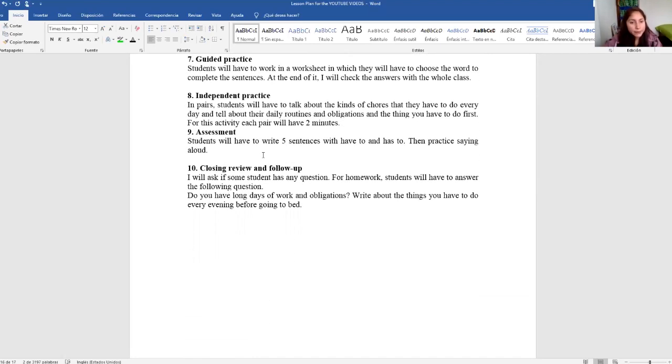Independent practice. In pairs, students will have to talk about the kinds of chores that they have to do every day and tell me about their daily routines and obligations and the thing you have to do first. For this activity, each couple will have 2 minutes.